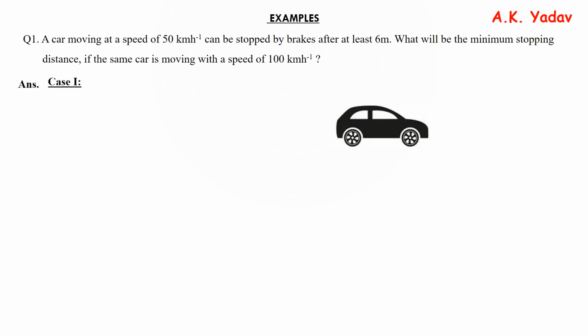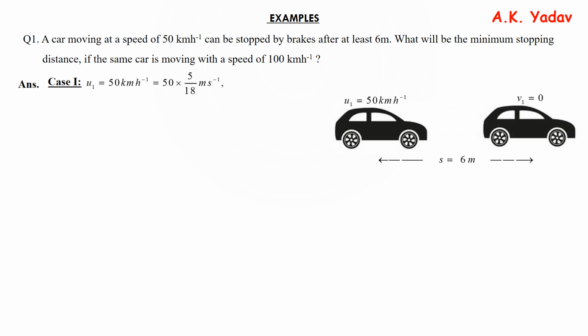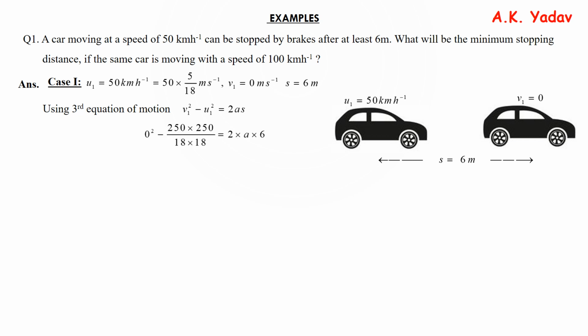So case 1, the car is moving with 50 km per hour and it comes to rest. Final velocity is 0, the distance covered is 6. We converted 50 km per hour into meter per second. So let us use the third equation of motion, that is v1 square minus u1 square is equal to 2as.